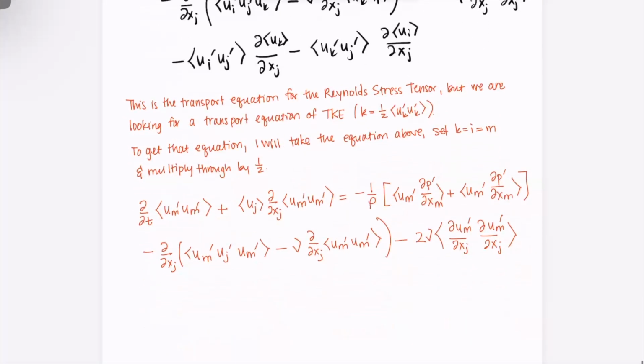And then I also have minus prime, prime, partial um, partial xj, minus prime, prime, partial ui, partial xj.